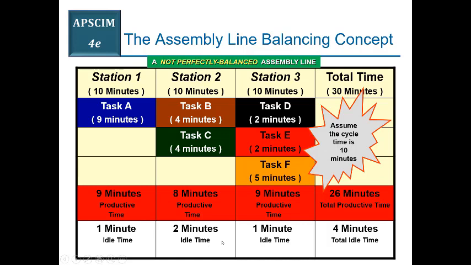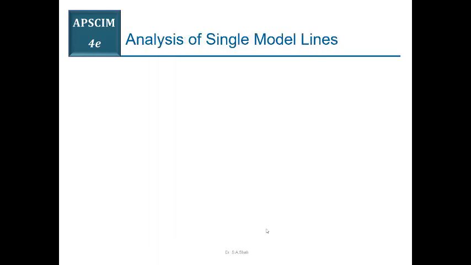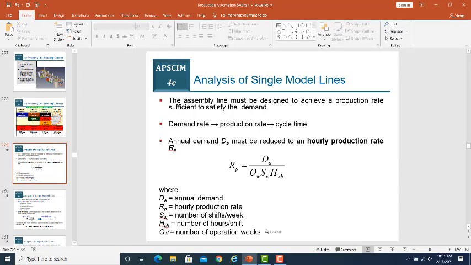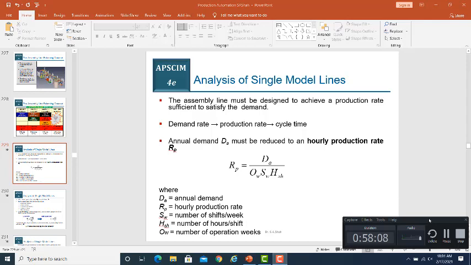They will be in seconds, but still, if they are in seconds, it will affect the production rate of the systems. And now in the next video we will be starting with the analysis of the single model assembly line, which are the line assembly problems.